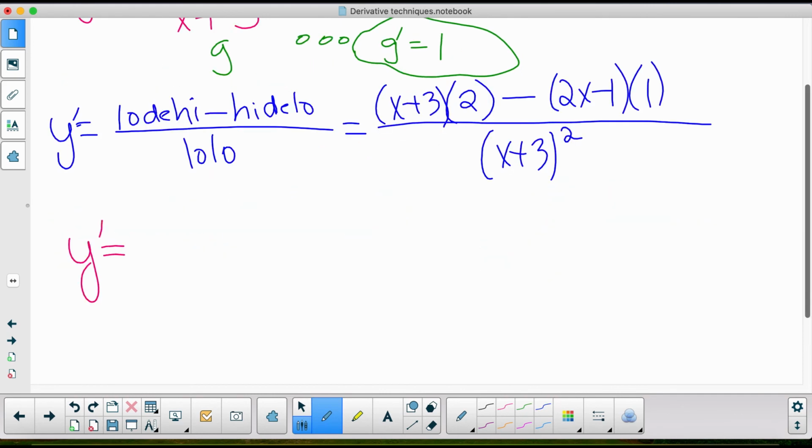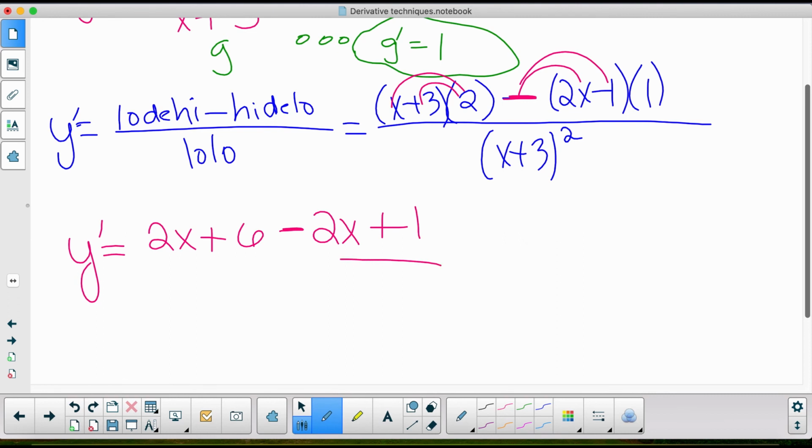Now I will go through and multiply out. 2x plus 6 minus, so this minus, this 1 really is going to drop away, but needs to be distributed through. So minus 2x plus 1 all over x plus 3 squared.